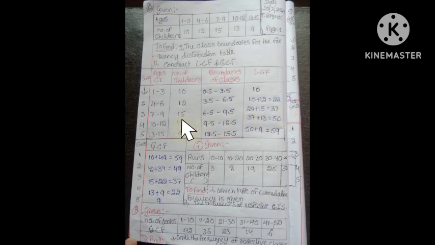Next 15: 22 plus 15 equals 37. Next 13: 37 plus 13 equals 50. Next 9: 50 plus 9 equals 59. This is the LCF.